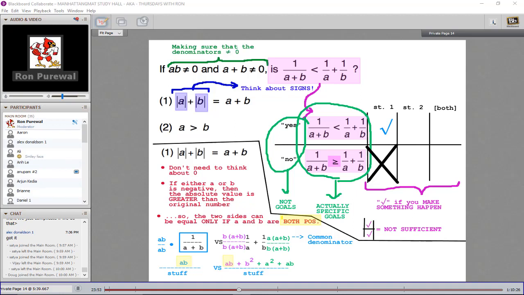So it should be pretty clear, because remember the right-hand side is so much bigger that each of the individual parts were already bigger. So this is definitely smaller, and this is definitely bigger. So there you go. Okay. Any questions about statement 1? Statement 1 is sufficient.